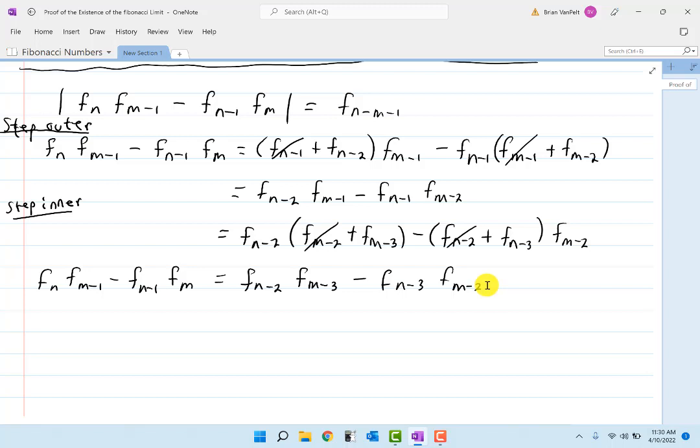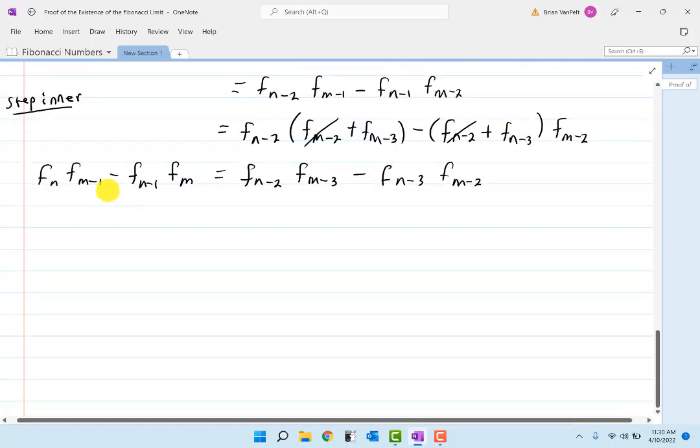I'm going to do it again. So once again, we are going to do a step outer. That's where I attack the outside.